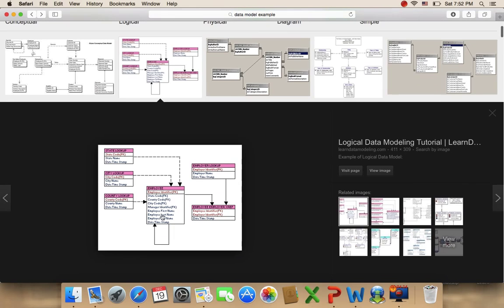So if you create a true data model, it will avoid any duplicate data that would make your database inaccurate or inconsistent. The data model also organizes data for a certain user.